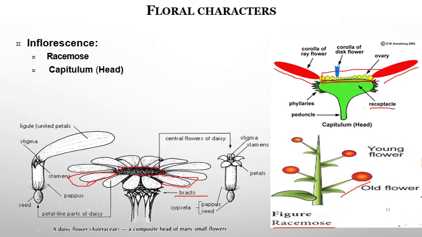Due to these bracts present at the base of the flower, we call it involucre. So the flowers may be bracteate or ebracteate, and this capitulum or head may be homogamous or heterogamous.